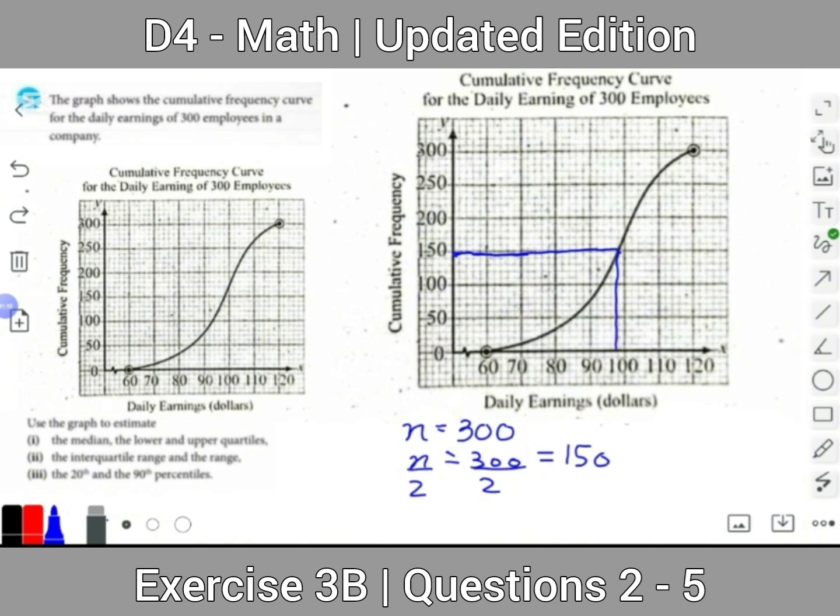Since we know that each square unit along the x-axis is equal to 2, so here we have 90, 92, 94, 96. So here the value is between 96 and 98, so the value is approximately 97, and the median Q2 has the estimated value of $97. This is the estimated median.